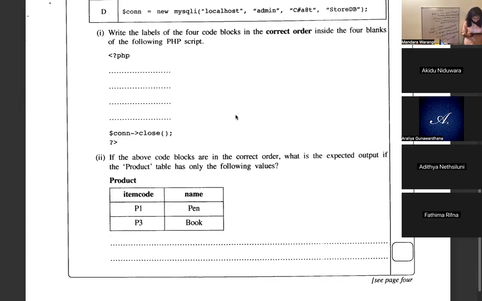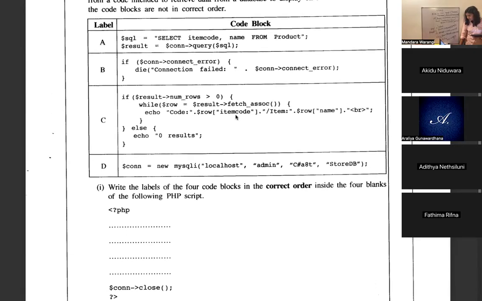If the above code blocks are in the correct order, what is the expected output if the product table has only the following values? Product item code, name, in P1. So you have to echo this.